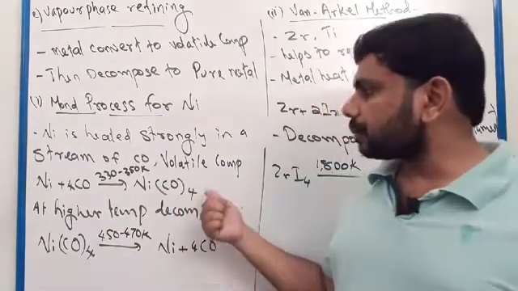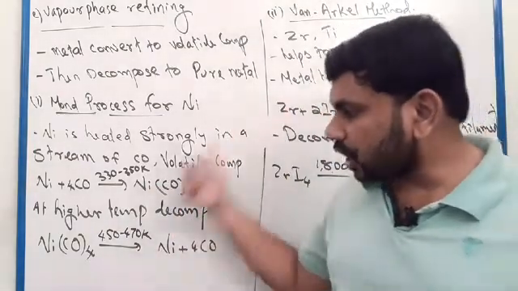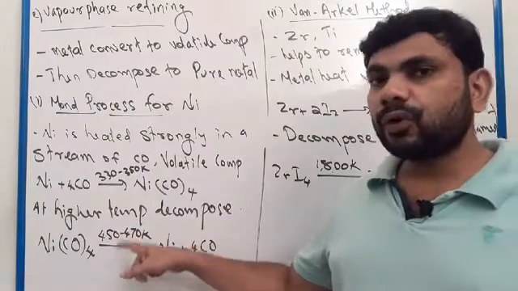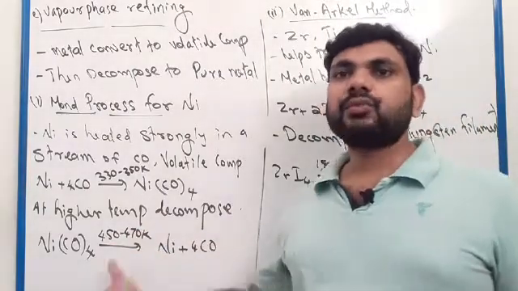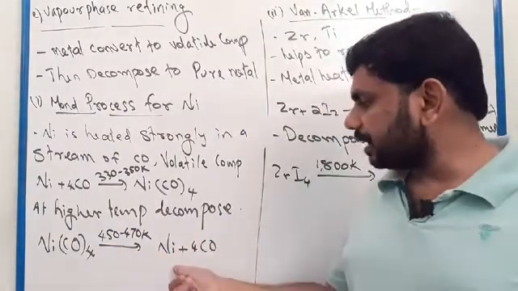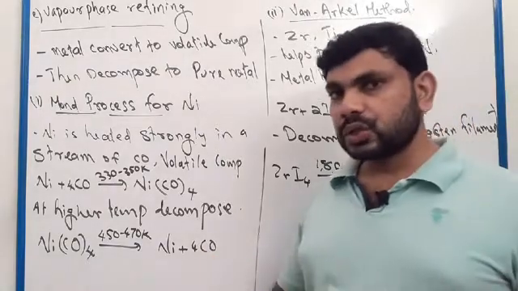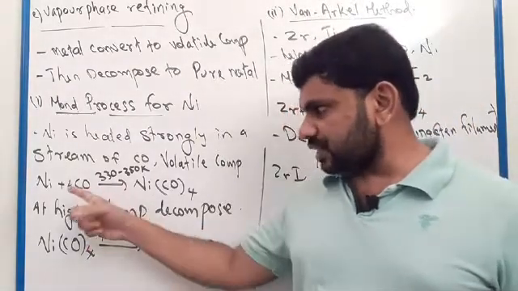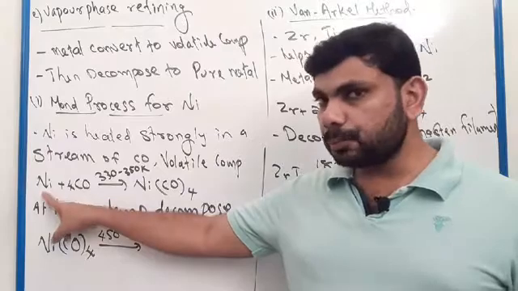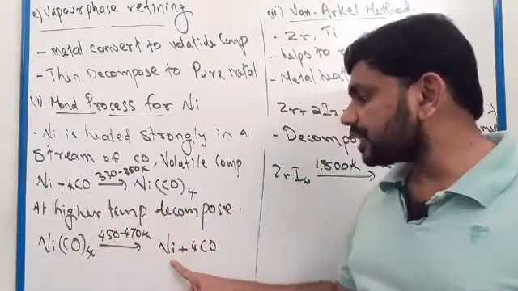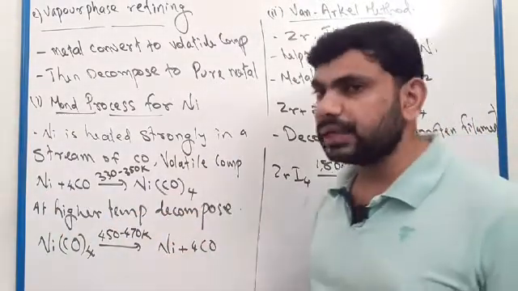This tetracarbonyl nickel, after strong heating at more than 450 Kelvin, changes to pure nickel and carbon monoxide. So it starts with impure nickel, and finally you get pure nickel. That's why we are doing this.